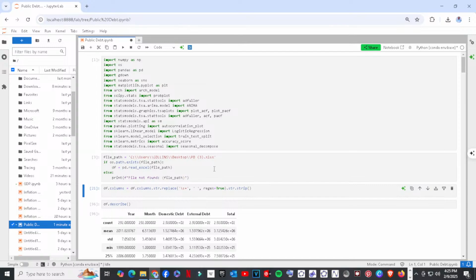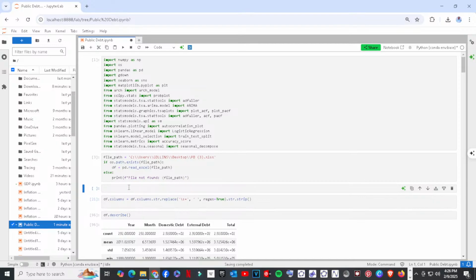In the event that it does not exist, else print file not found. Because it has finished executing that particular cell, and there is no printout, we want to assume that the data is already taken. Just to confirm that the data is already there, let's do df.head.